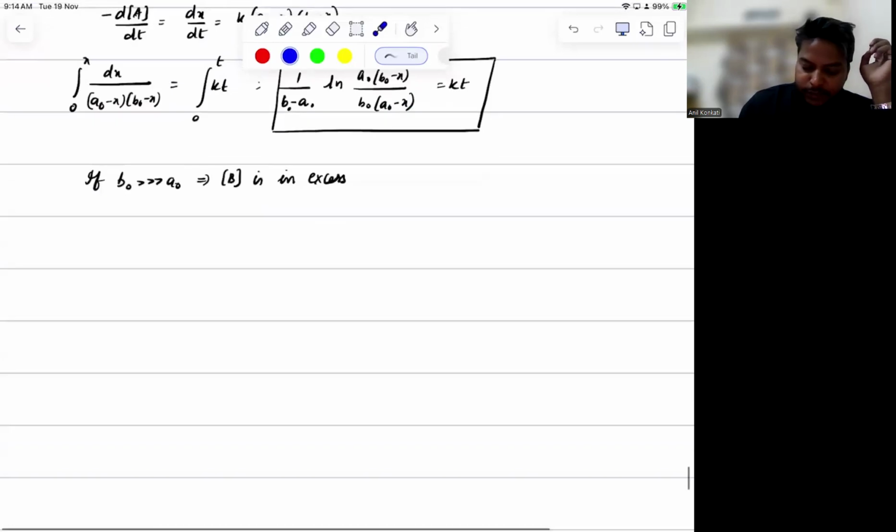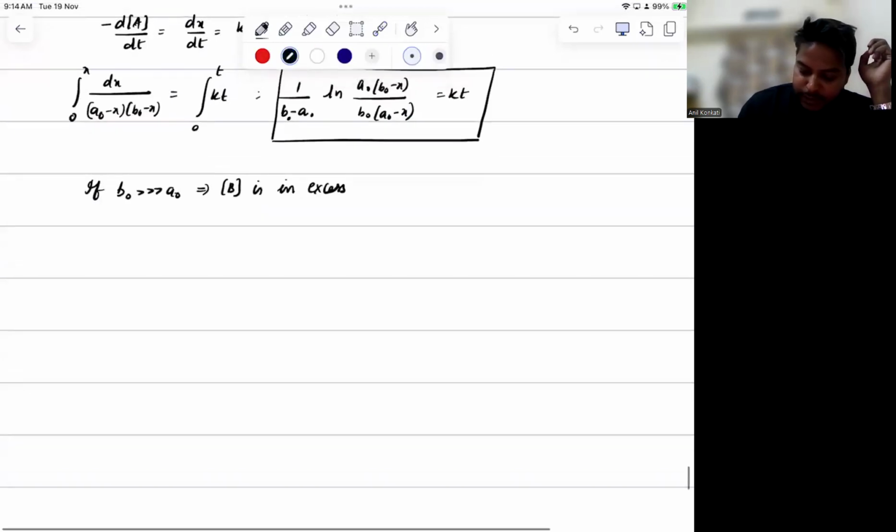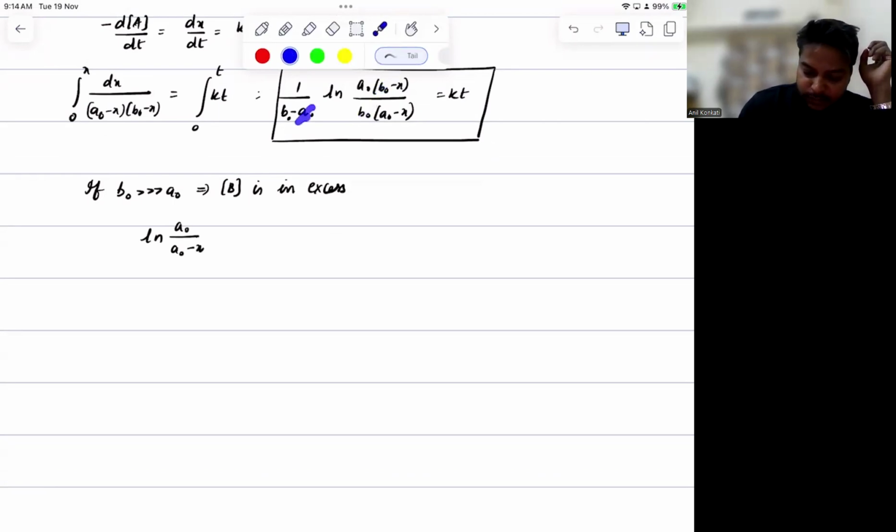So we can write this as ln A naught by A naught minus X, because B and B will get cancelled. That will be equal to B times K into t.